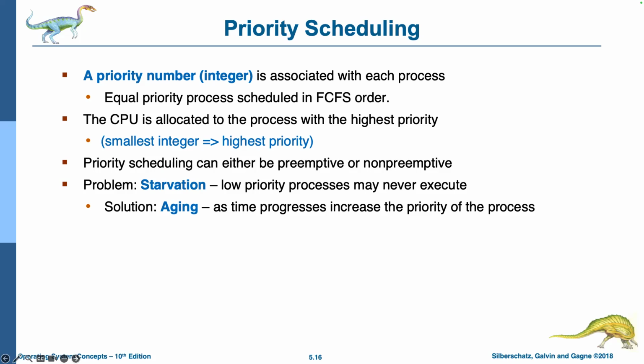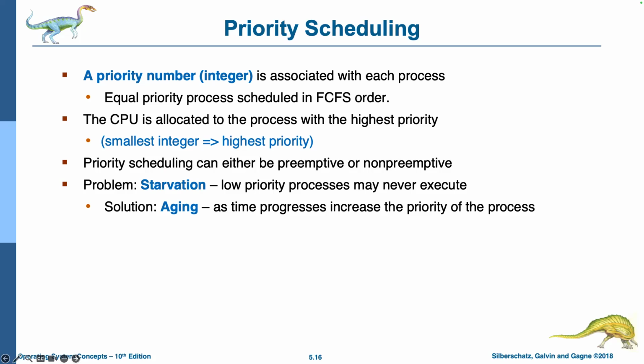The problem is that this priority scheduler looks very good, but the problem is starvation. A low priority process may never execute. You are in the low priority queue, waiting for the CPU, but the CPU always has a higher priority process. You never have a chance to execute.